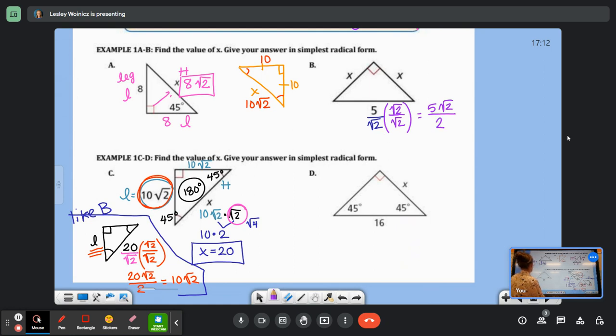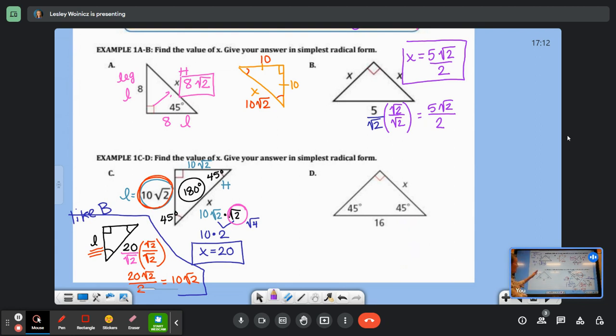And that's it. X equals 5 root 2 over 2. Okay, that one was a little nasty. I'm sorry. All right, we get another shot at it.